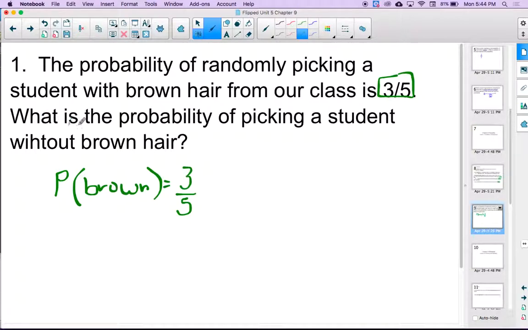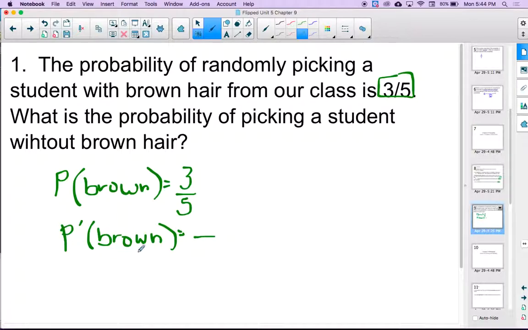The question is, what's the probability of picking a student without brown hair, or a student who does not have brown hair? So we're looking at this probability. What's the probability of not getting a student with brown hair? Well, let's look one more time at what our probability represents right here. Out of 5 students, 3 do have brown hair.